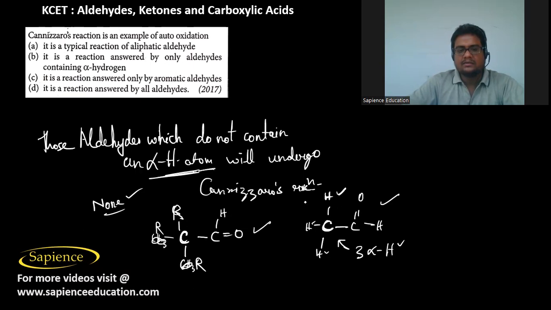Only then it will give Cannizzaro's reaction. It means that this compound will not give Cannizzaro's reaction, but this one, if it is attached to some other alkyl groups, it means if this carbon has no hydrogen on it, then only it will give Cannizzaro's reaction.